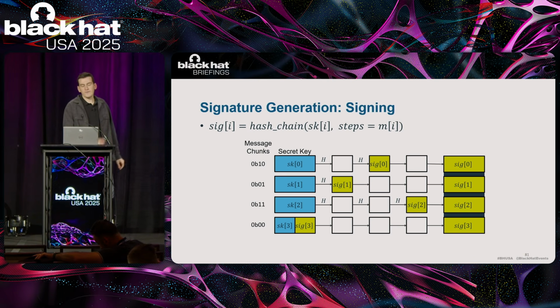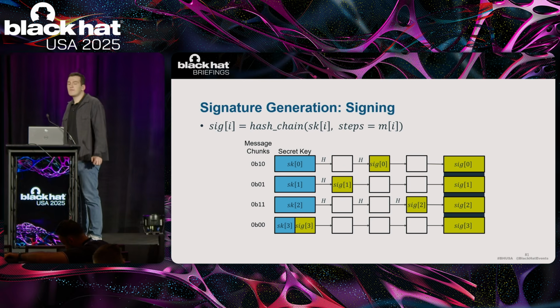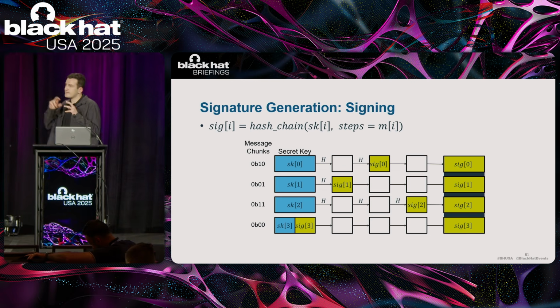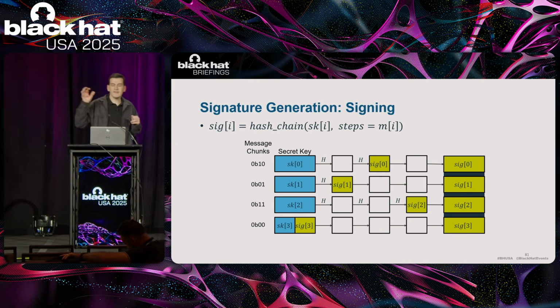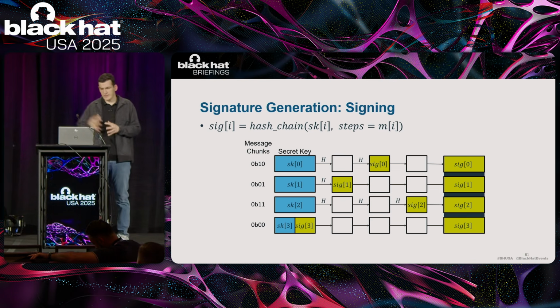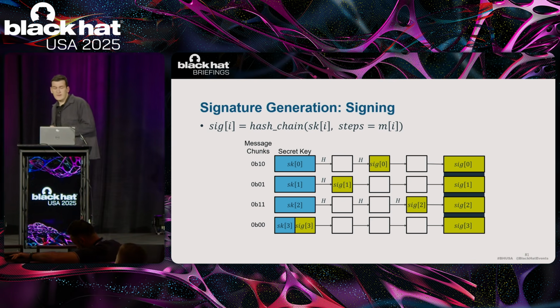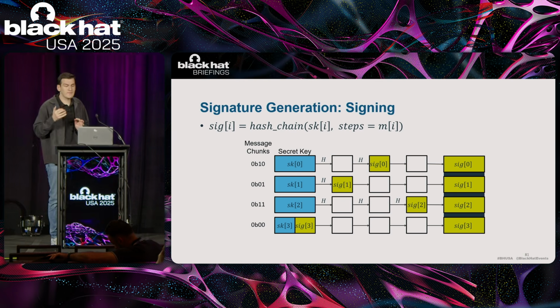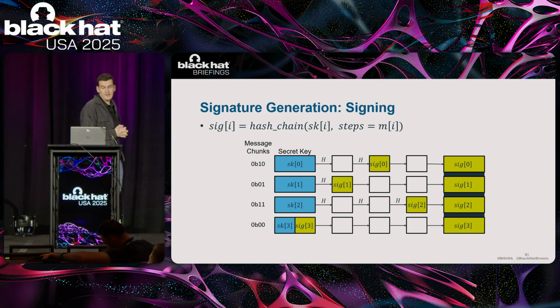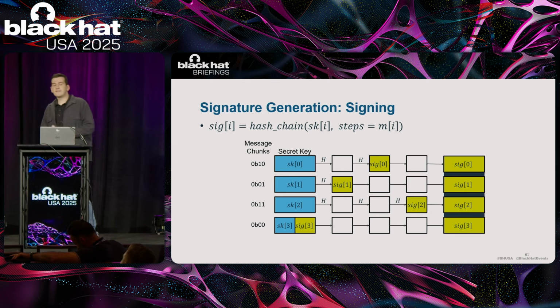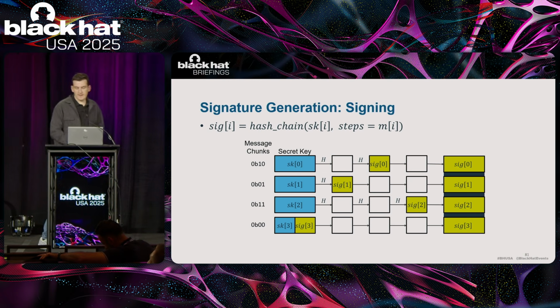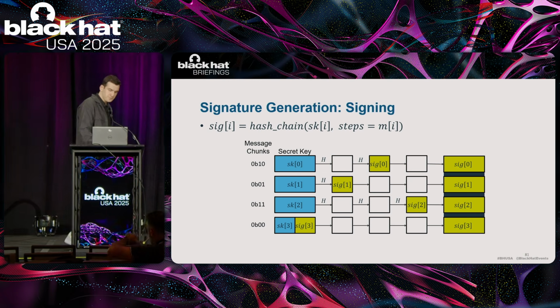For example, at the first hash chain, the message chunk value is 2, so we are hashing the secret chunk 2 times, and then it's reaching the signature state. And at the second hash chain, we are hashing 1 time because the message chunk is 1, and so on. And this is the end of the WOTS signing, and now our signature is ready.